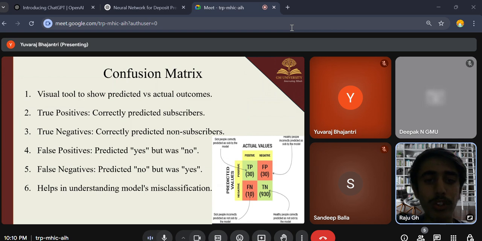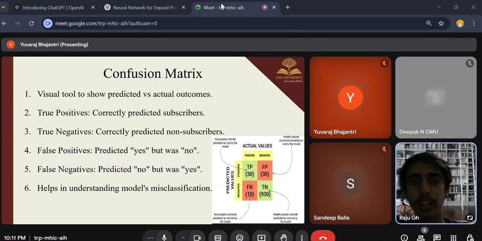False positives and false negatives indicate misclassifications, such as predicting yes when it should be no, or vice versa. Understanding this matrix helps in refining our model to reduce errors and improve reliability. The next slide will be continued by my teammate Yuraj.